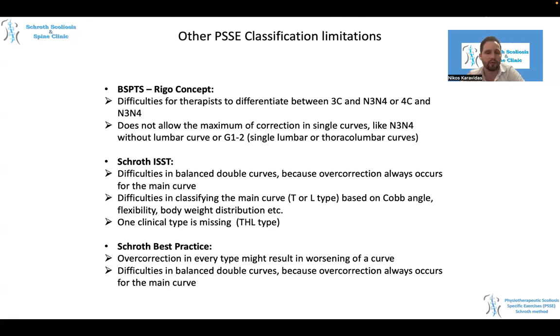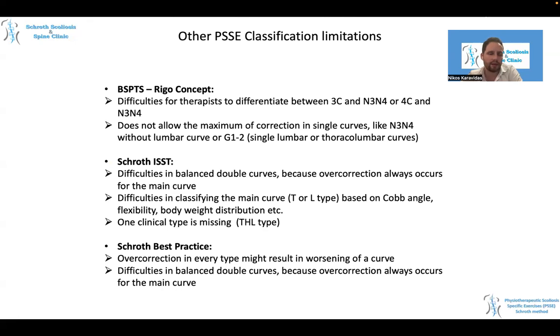And as I said before, there is one clinical type that is missing, the THL type. So when you have a patient with main thoracic scoliosis with hip imbalance, so the pelvis is shifted to the opposite side of the thoracic convexity, and at the same time you have a lumbar curve, this is not described in their classification.